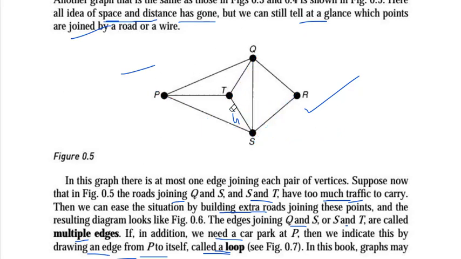Let's say we start at point P. We go from P to Q, Q to T, T to S, S to Q, Q to R and R to S. And again S to P, and P to Q, T, S, Q, R, S, T. Here you can see that we have started with P but not ended with P. We have ended with T.